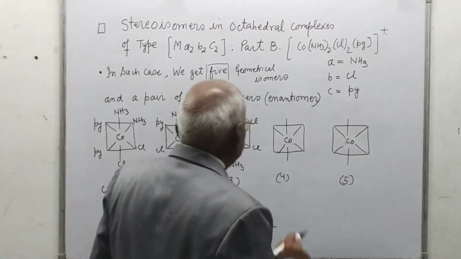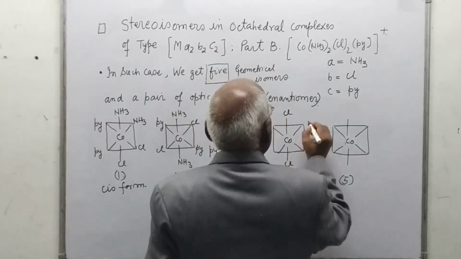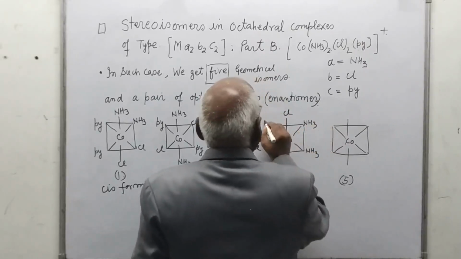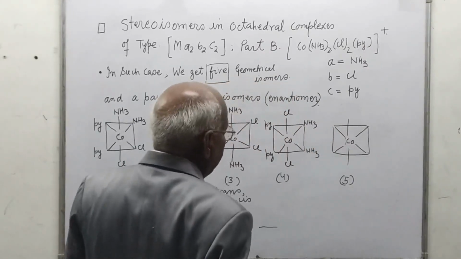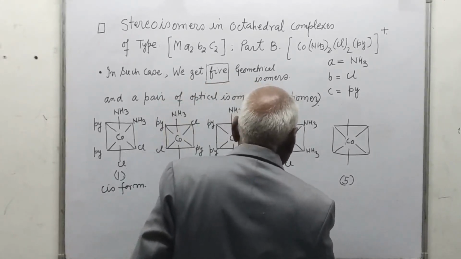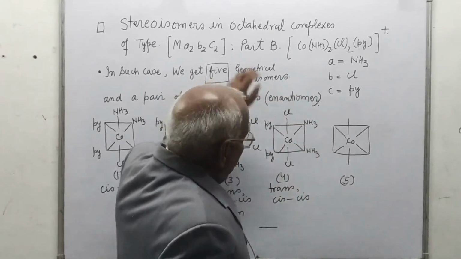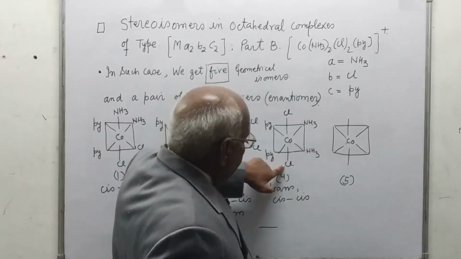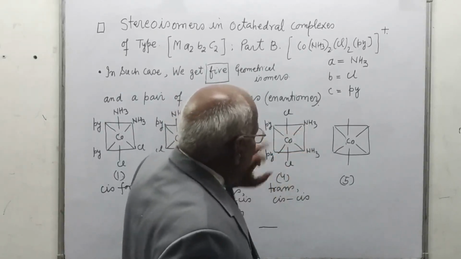Now in this case, put chlorine at the trans position, with ammonia at the cis position and pyridine at the cis position. Here again, Cl and Cl are at the trans position, so this isomer is trans with respect to chlorine, but cis with respect to ammonia and pyridine.